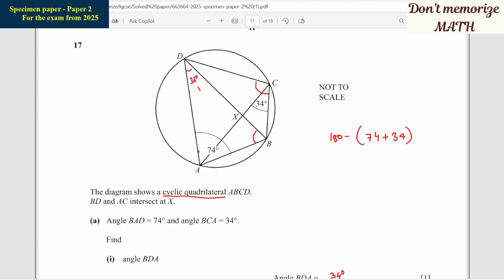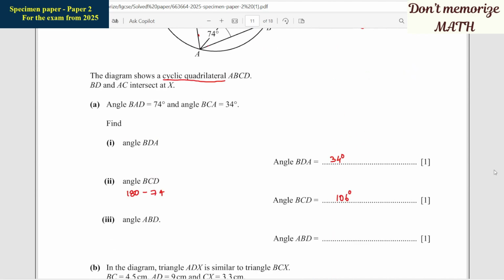Write the steps here. 74 plus 34 is 108: 4 and 4 you will get 8, 7 plus 3 is 10. So the answer will be 180 minus 108, which is 72 degrees.